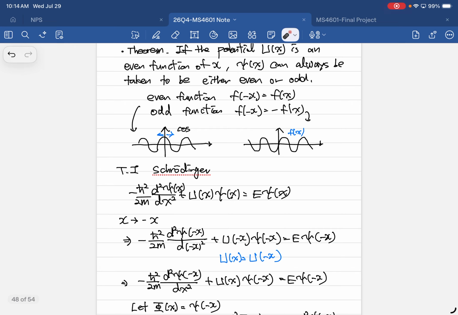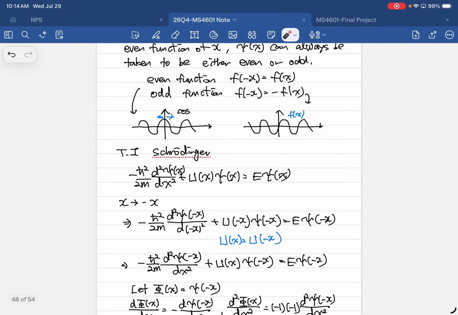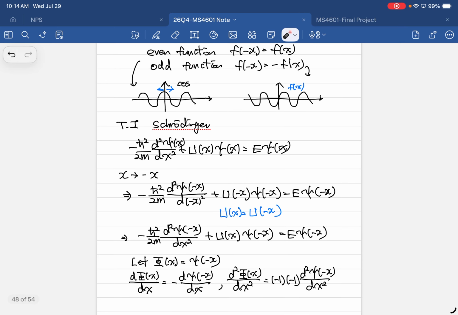So what that means is that U of minus x can be expressed as U of x if this is an even function, right? So we are replacing U of minus x with U of x, because this is an even function, okay? So then we simply write it down here, okay? And d of negative x squared is simply d over x squared, okay?